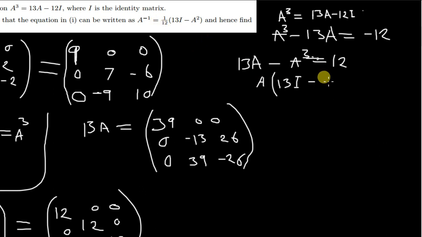And then I'm going to have (13I minus a squared) a is going to be equal to 12. So from there now I'll divide everything this side by 12, and then also divide by a, so that this a cancels with that a.